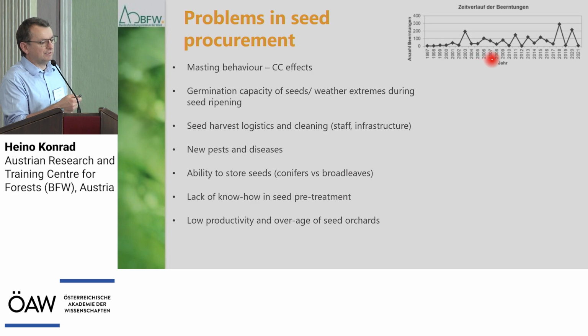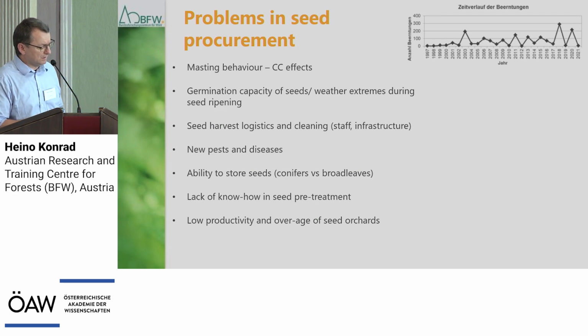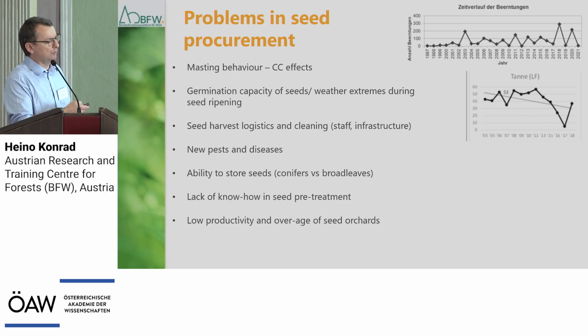The harvests have increased over the last 20 years, but the quality of the seeds collected is going down. This is probably due to weather extremes during the seed ripening. This is most evident in silver fir, which has dropped by almost half in germination capacity.